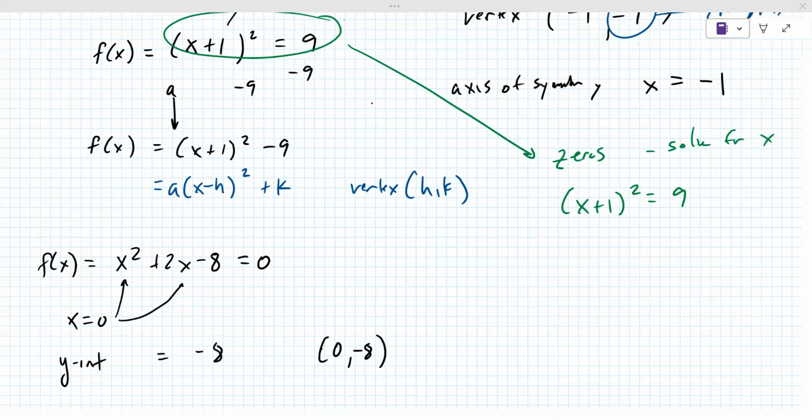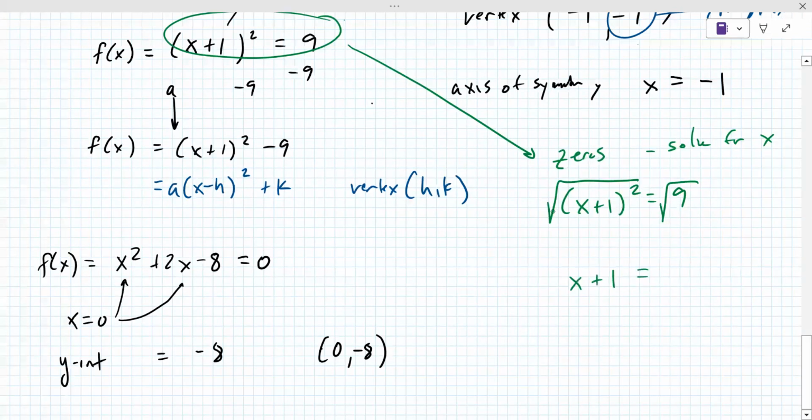I got 8. There should be two answers because you're taking the square root of both sides. And when you take the square root, it's plus or minus. Oh yeah. So just a small thing, but you know, this.